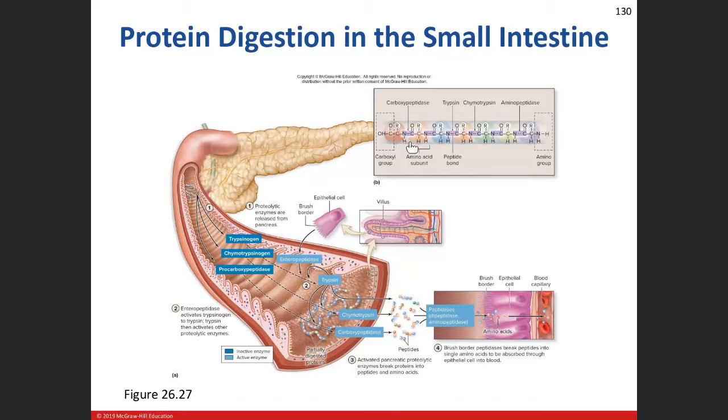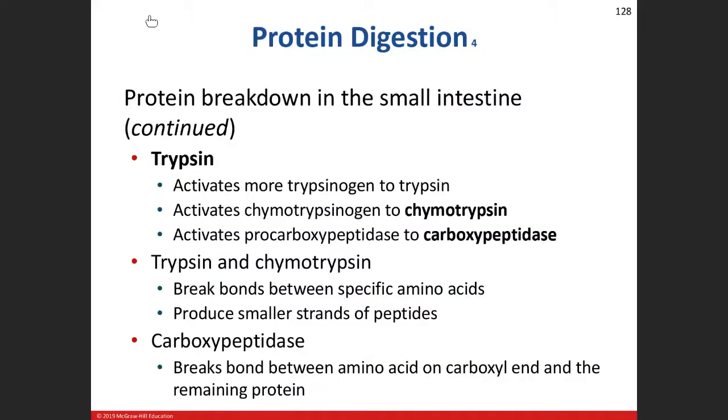So this one is specific for this one end, whereas trypsin and chymotrypsin are still amino acid peptide bond specific. But this guy is going to be down here by the carboxyl group.